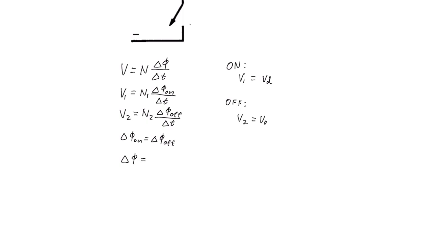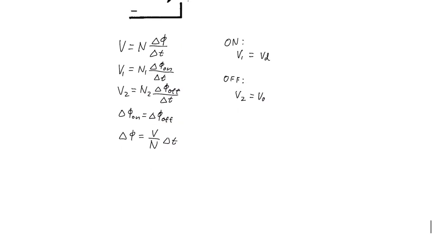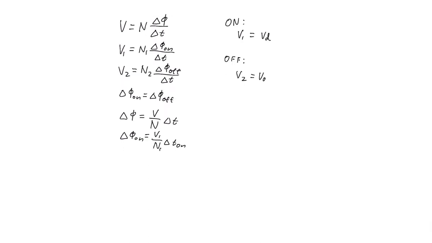So the change of flux is equal to V over N multiplied by the change of time. So for the change of flux when it's on, this will be equal to V1 over N1 multiplied by T when it's on. And for the change of flux when it's off, it will be kind of the same. So V2 over N2 multiplied by the change of time when it's off.